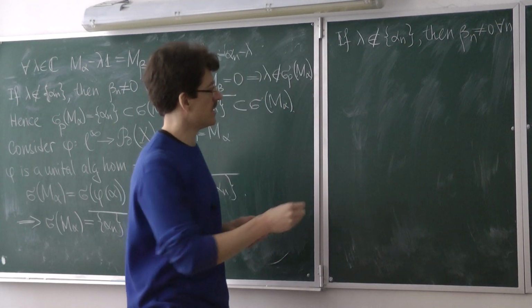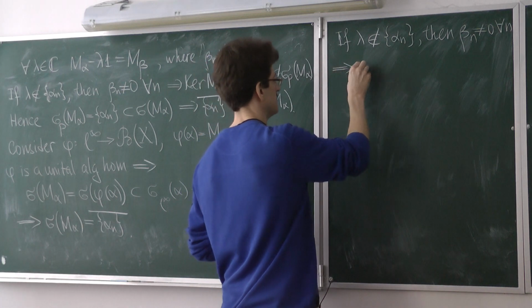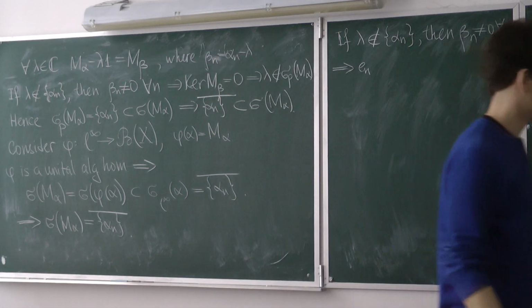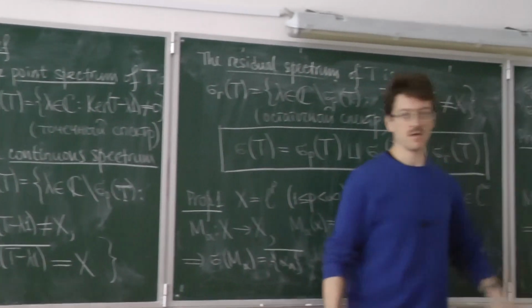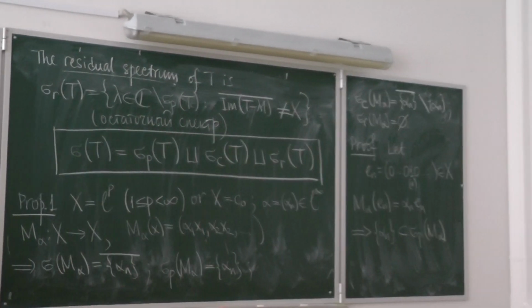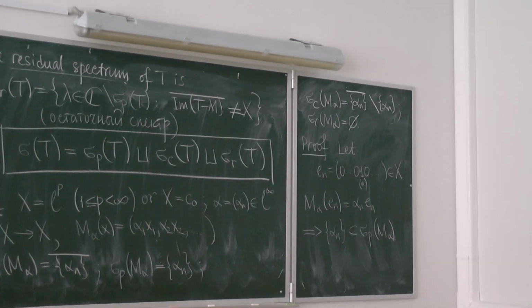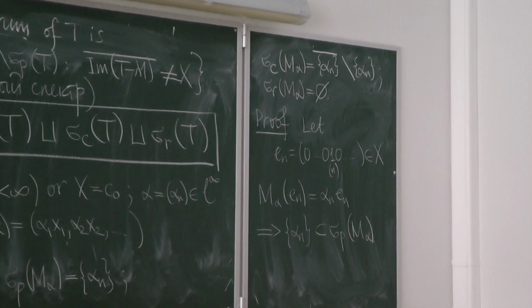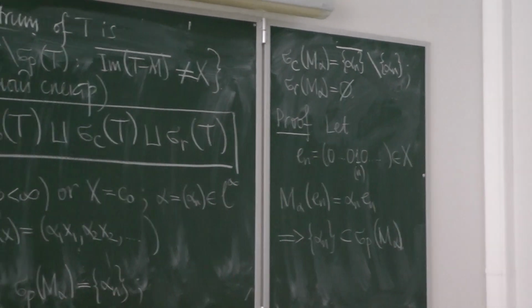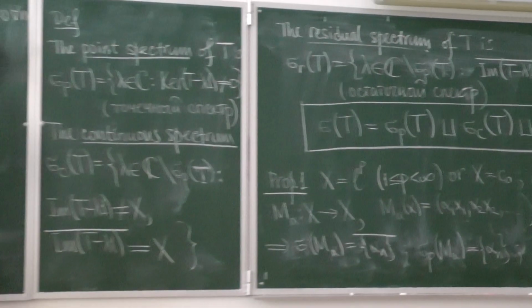And this easily implies that each vector e n, this is our e n, sits in the image of M beta because it has the following form. So it sits in the image of M beta.